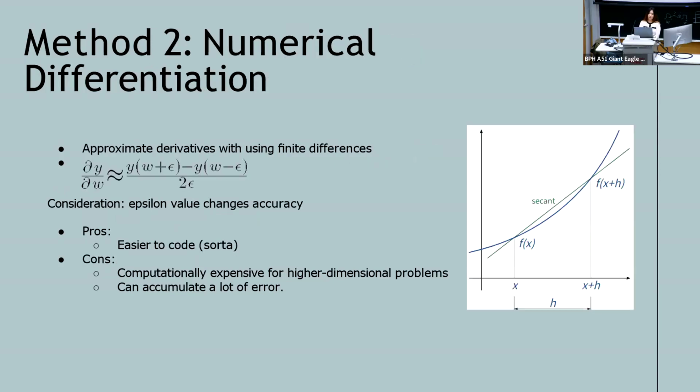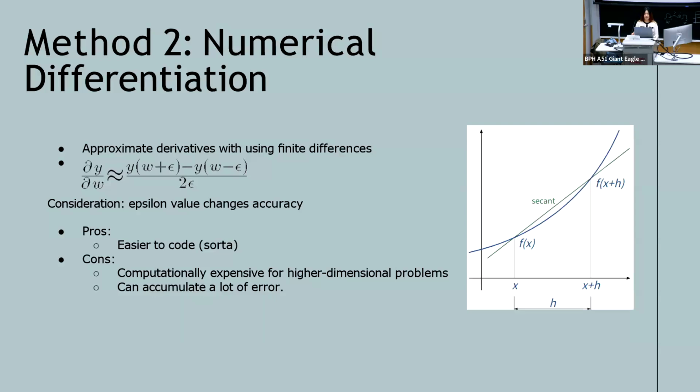The second method is numerical differentiation. It means that we don't calculate the derivatives directly by hand, but we approximate the derivatives using finite differences. For example, in the figure here, we have the function f(x), but instead of computing the slopes point by point, we use 2 points to approximate this derivative, as we can see in the expression here.